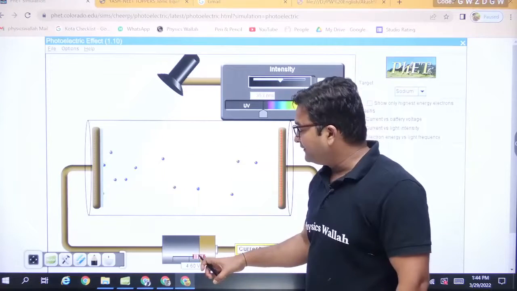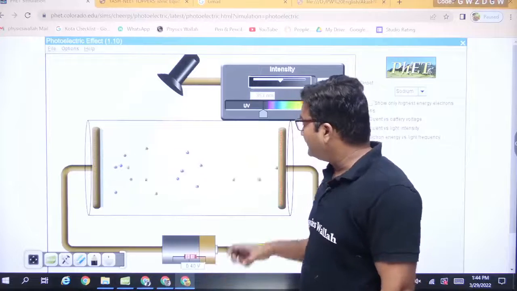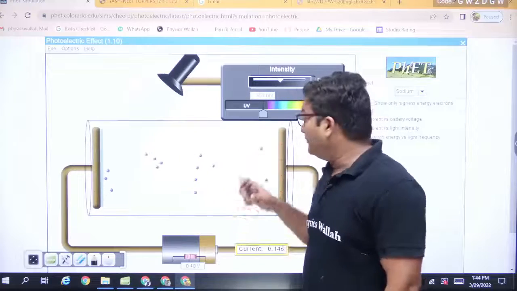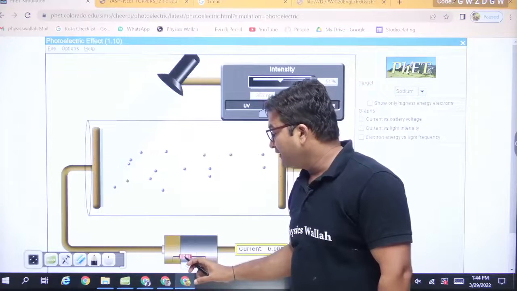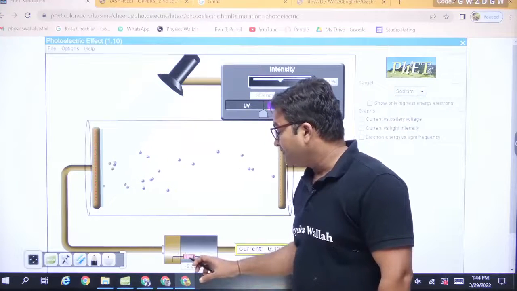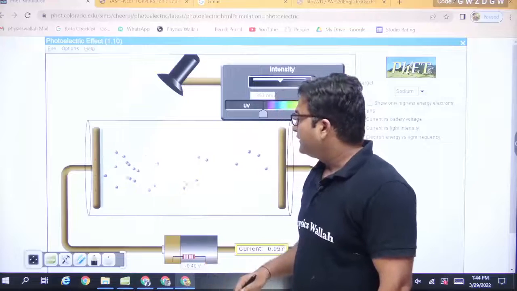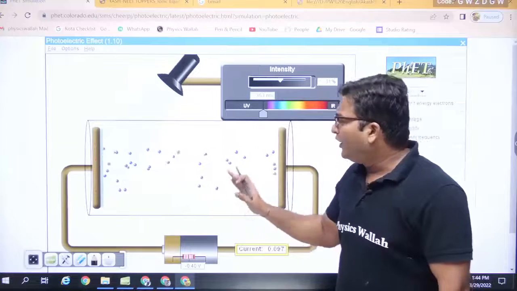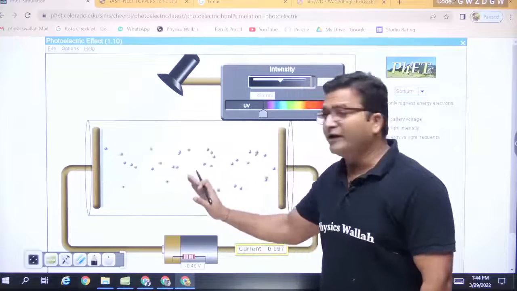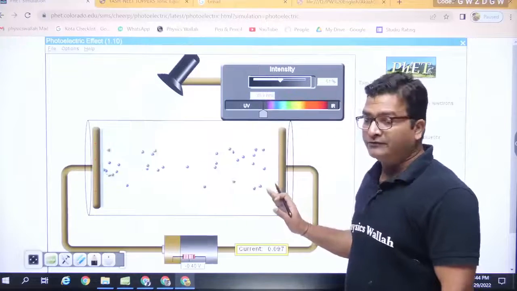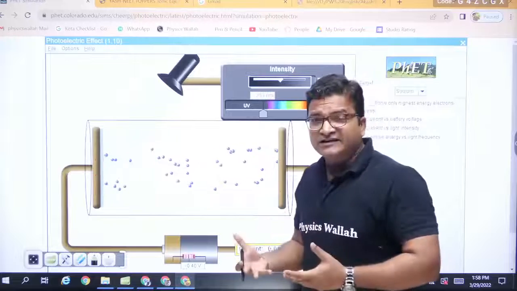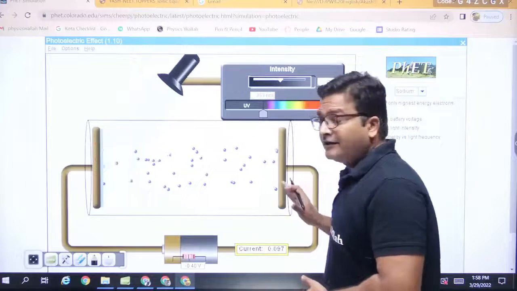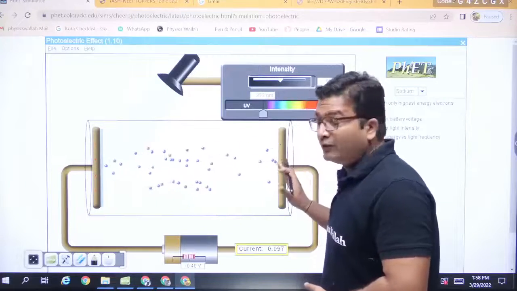But what happens if you decrease the potential? You decrease the potential of anode, you make the potential of anode negative as compared to cathode. Here what happens? Now you see a lot of slow electrons are not reaching anode, and therefore the photocurrent must decrease because electrons reaching this anode are decreasing.